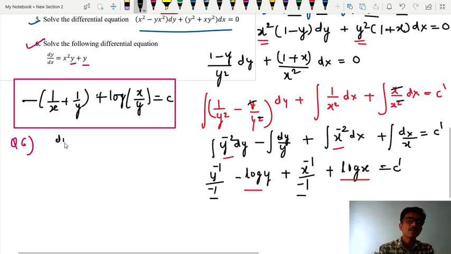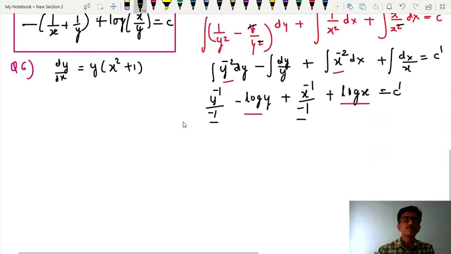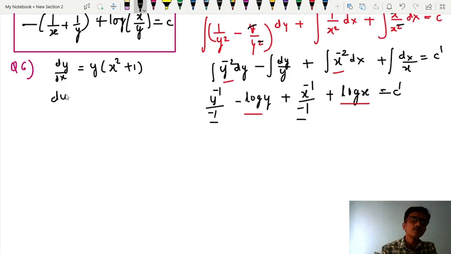See here, dy by dx is equal to, I am taking y common from here, so it is y into x square plus 1. Write in variable separable form. If you write variable separable form, you will get dy upon y is equal to x square plus 1 into dx.